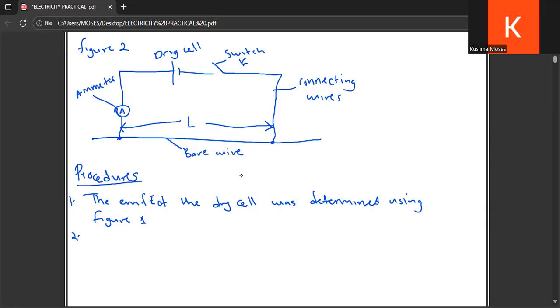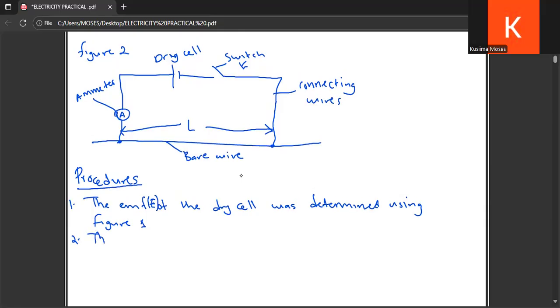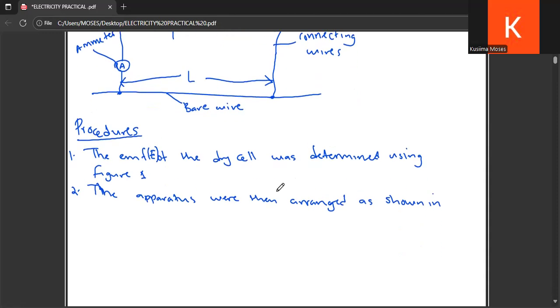Then what follows? The apparatus were then arranged as shown in figure two.